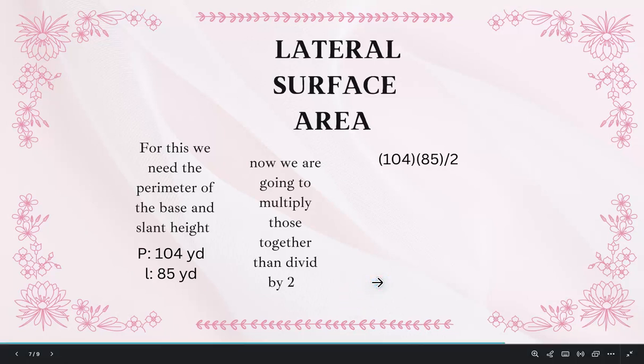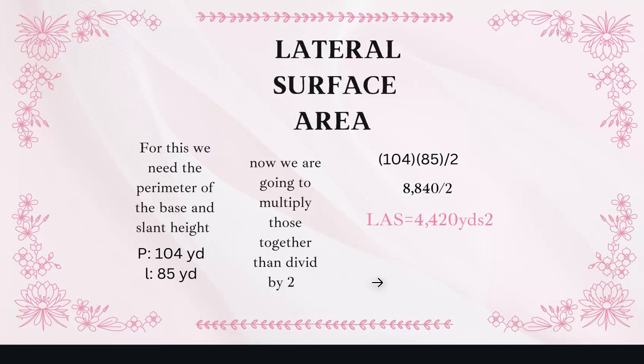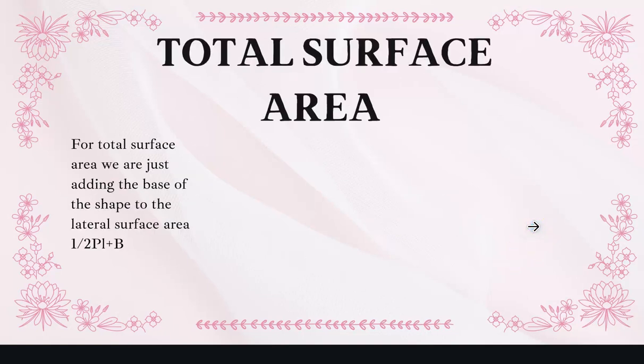So we're going to start off with 104 times 85, which gives you 8,840, and then you're going to divide that by 2. The lateral surface area equals 4,420 yards squared, because remember, area, you square it.